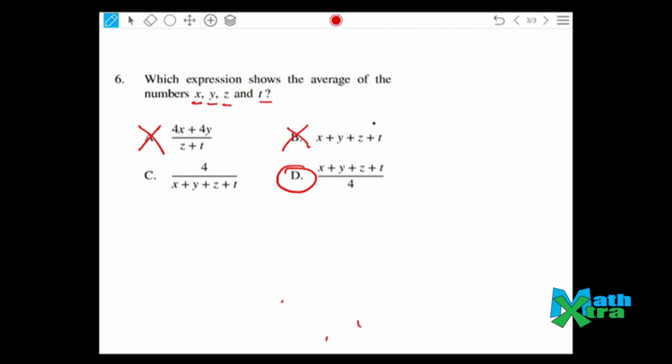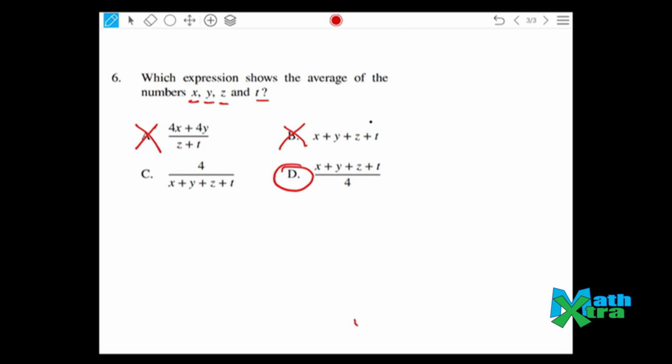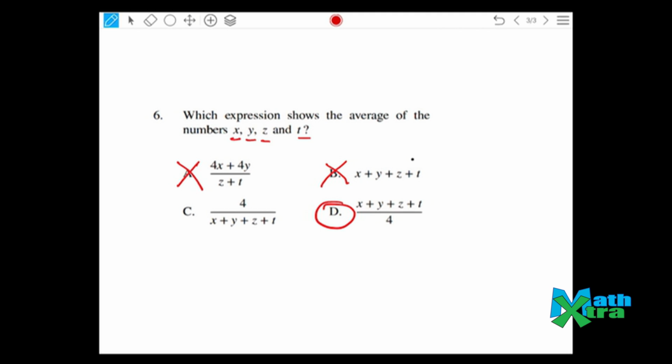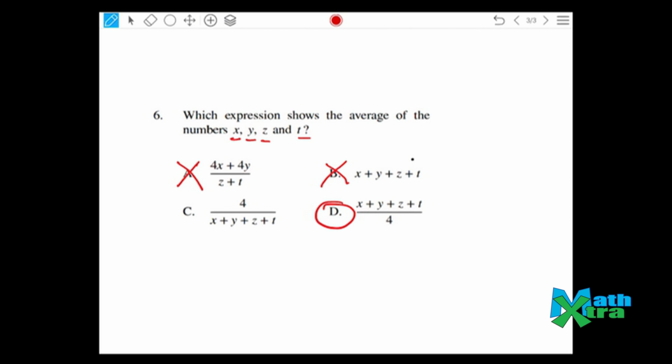The reason why C is incorrect is because we're not going to divide by these variables. We're going to divide by how many numbers are in the data set. So we have x plus y plus z plus t divided by 4, and that's how you find your average.